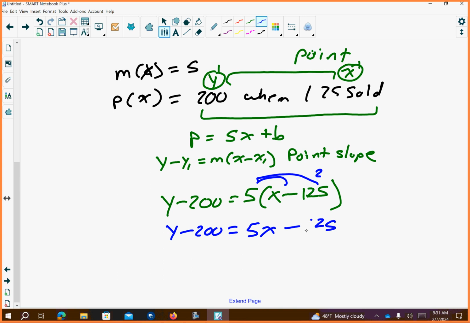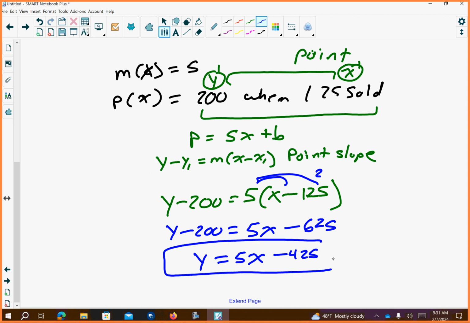Add 200 to both sides. So minus 425. So this here is our profit equation. It gets a little wacky when you're doing this kind of stuff.